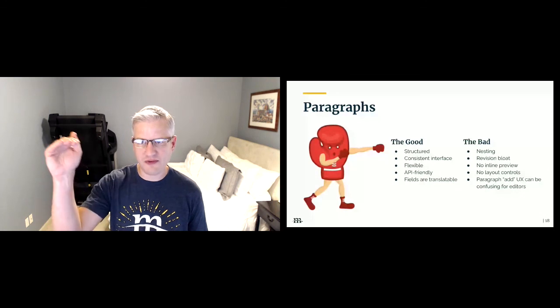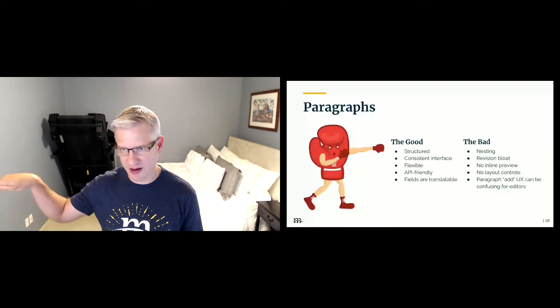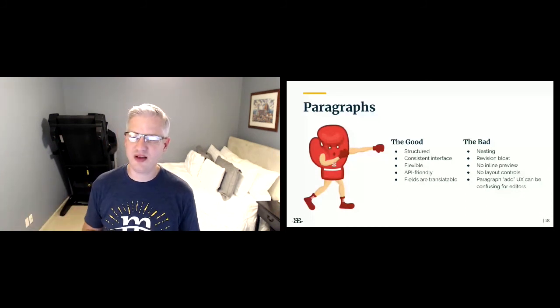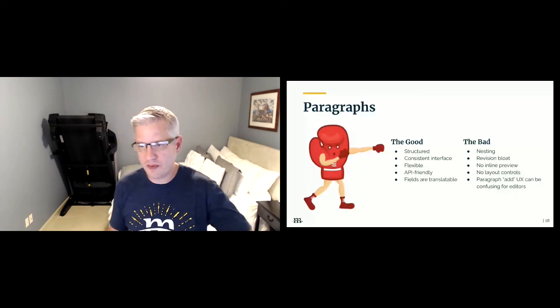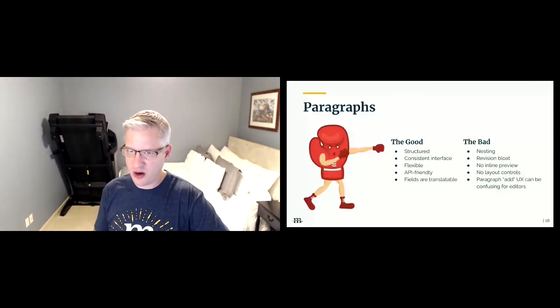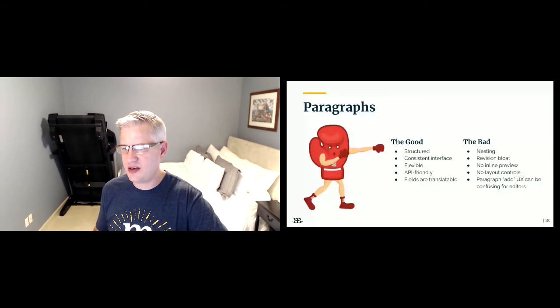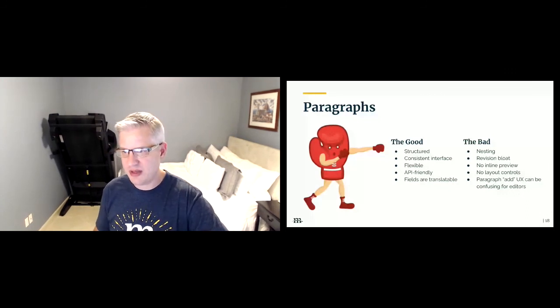So you have a paragraph, it has some fields on it, and then one of those fields is also a paragraph field, and then that paragraph has fields on it. And then you can just get into a real nesting problem where just from an editing experience and UX experience, it looks terrible. So that's an issue, and is kind of tied to the fact that there's some limitations around laying things out. There's no layout controls. It's just you pick your paragraph type and it has fields on it.